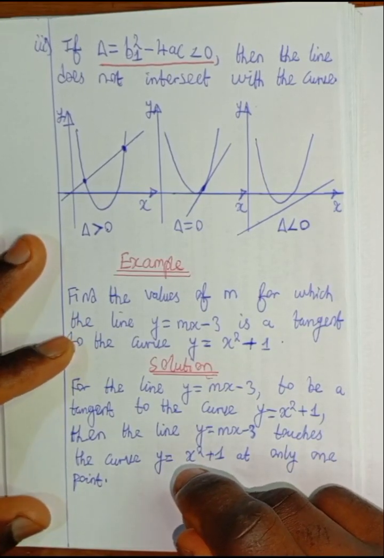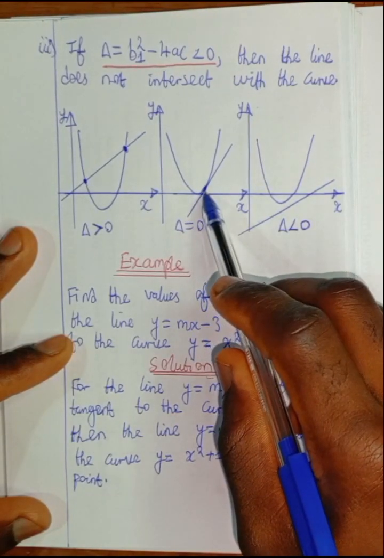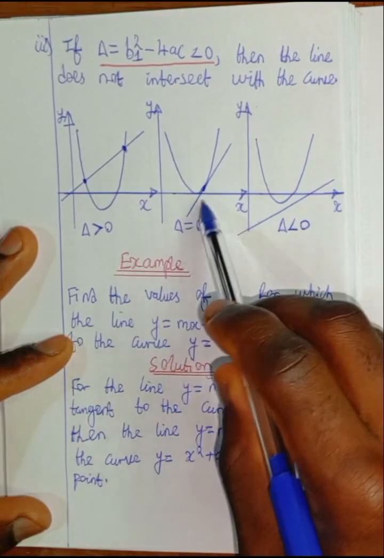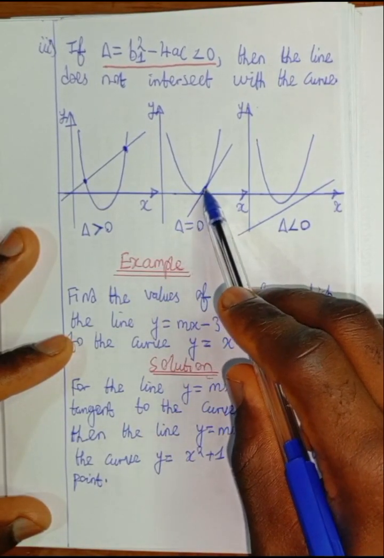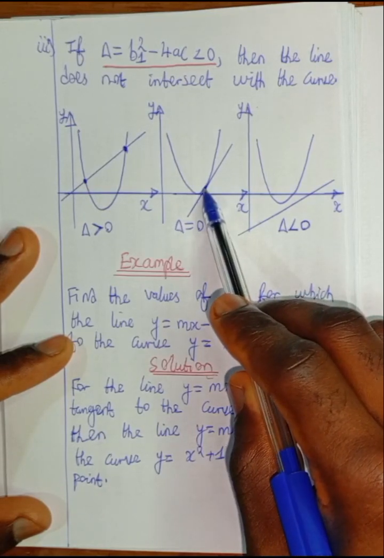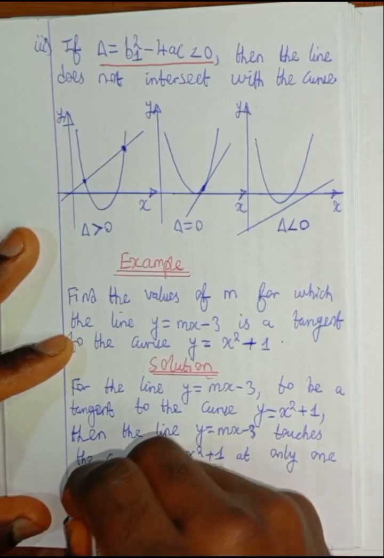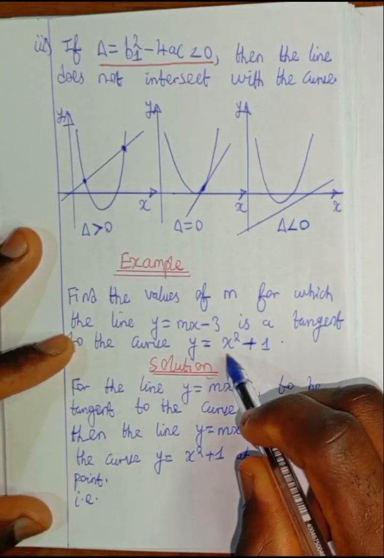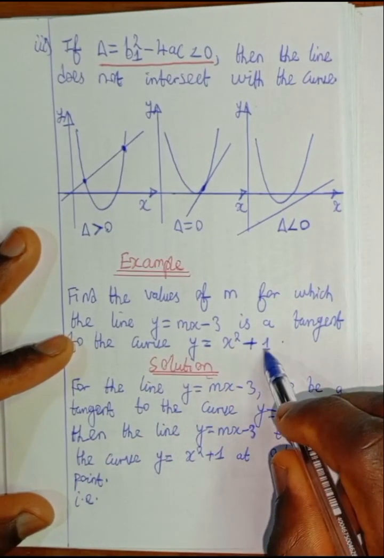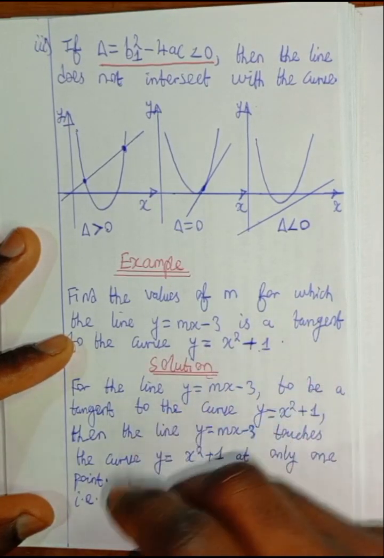And at the point where the line touches the curve, the coordinates of the line and the curve are the same. That means at this point they are equal. That is, we are going to equate the curve to the line, or the line to the curve. It is still the same thing.